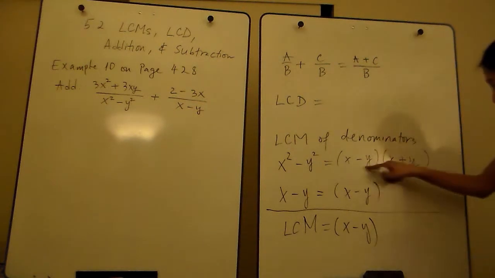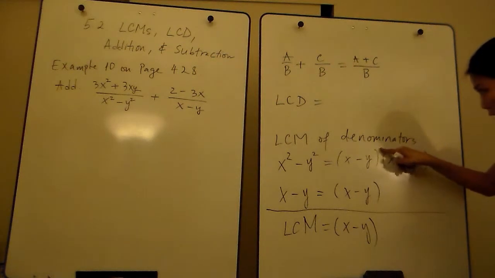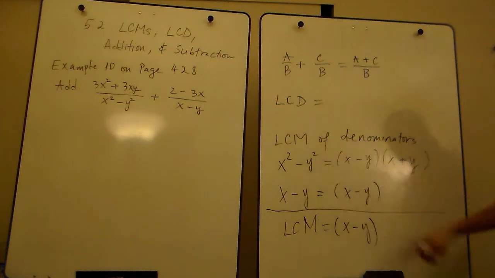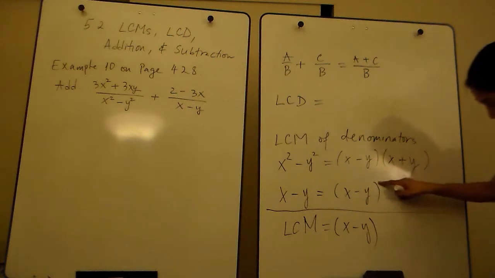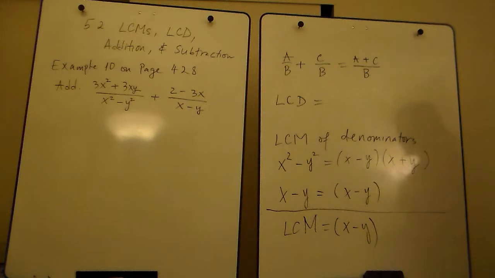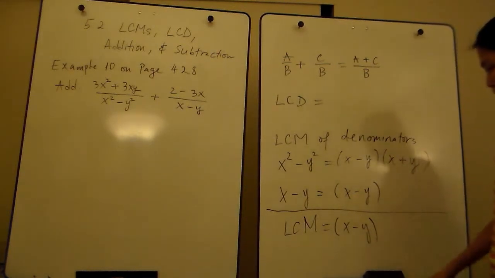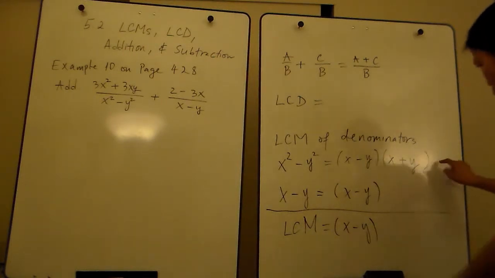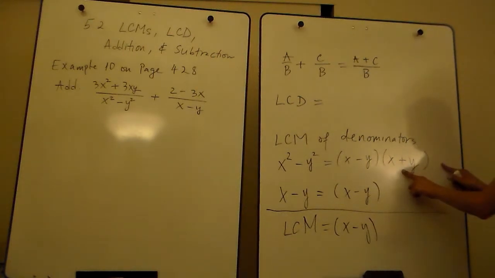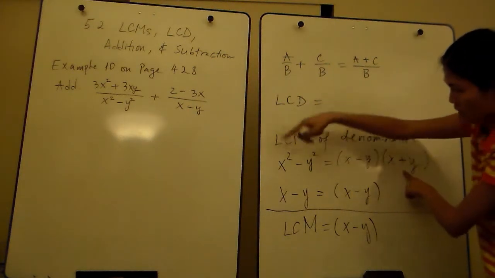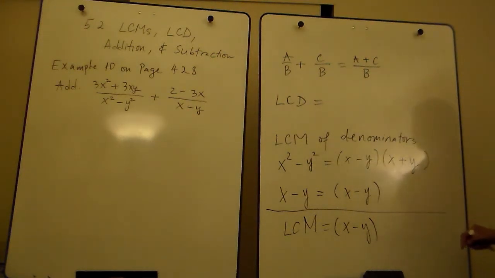How many times? It happens only one time, to the first power, in the first denominator. And x minus y also occurs one time, raised to the first power, in the second denominator. So we only write x minus y to the first power. How about this second factor right here, x plus y? X plus y happens one time in the first denominator, raised to the first power.